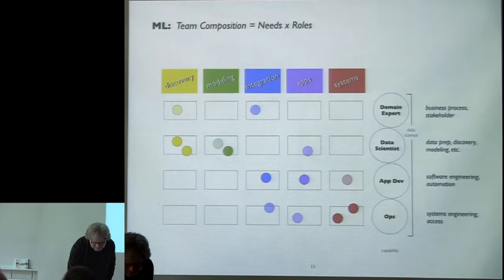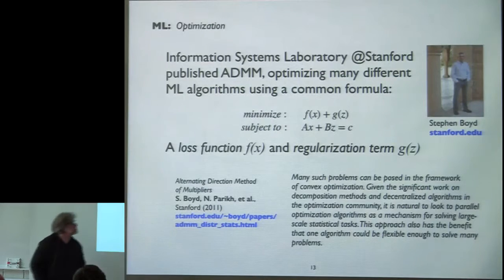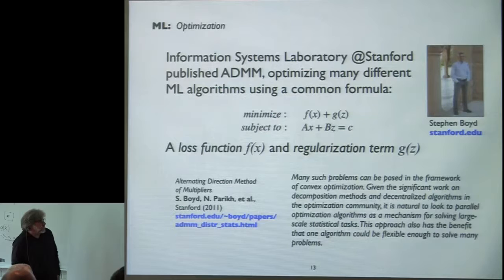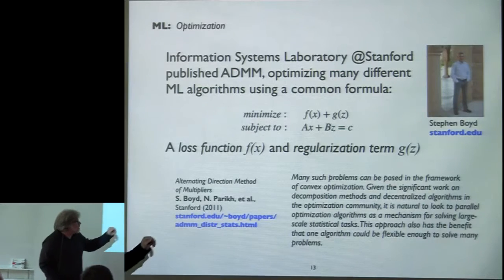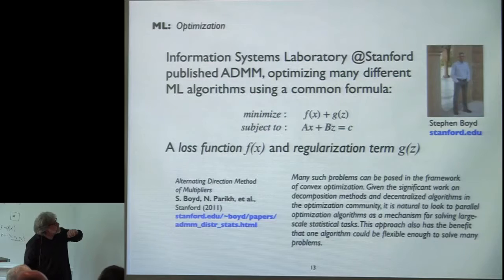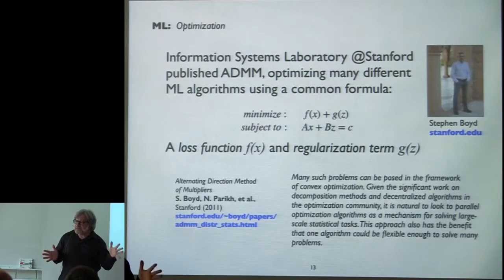And what's interesting is, has anybody here seen ADMM? Some? Okay, great. Excellent. So this is part of the rhyme and reason of MLlib in Spark, that there has been work for the past few years out of Stanford and others, but this is Stephen Boyd and Neal Parikh at Stanford. They have shown that they can take a pretty broad range of different machine learning algorithms and specify them as a convex optimization problem.